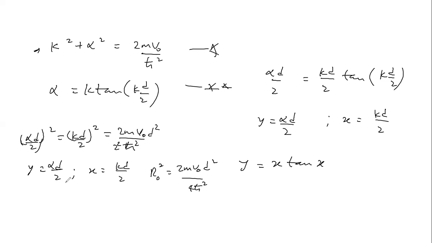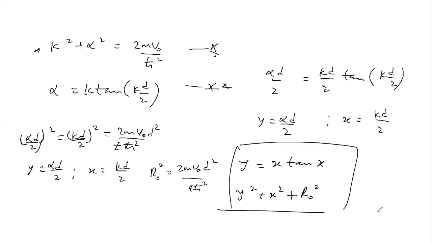So this also gives us another equation, y squared plus x squared equals r₀ squared, right? Now, the system of equations in terms of y and x is of this form. And you see that this is the same as the equation of a circle, where r₀ is the intercept, okay?